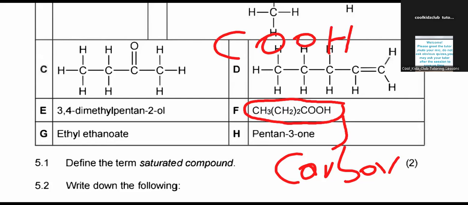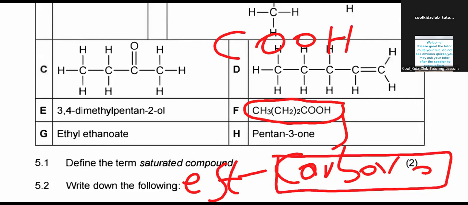And we know that carboxylic acids go together with esters. So listen carefully. The functional isomer of the carboxylic acid structure will be an ester. No other way.